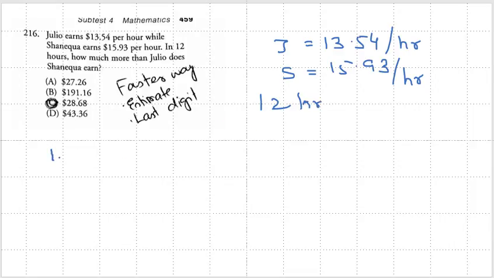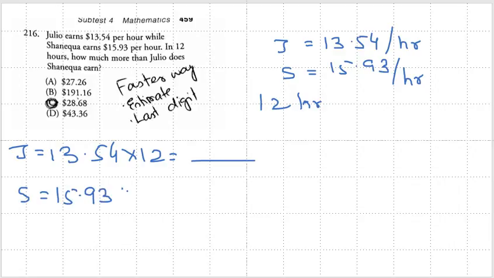One way of doing it, which is long, is 13.54 for Julio times 12, some number, and Shanika 15.93 times 12, some number, and then find that delta. Too long. We are not going to do it this way. We are going to do fast.